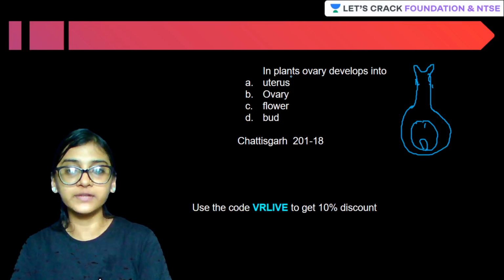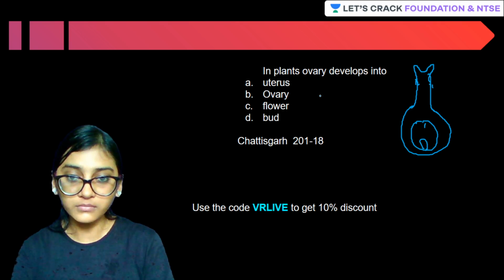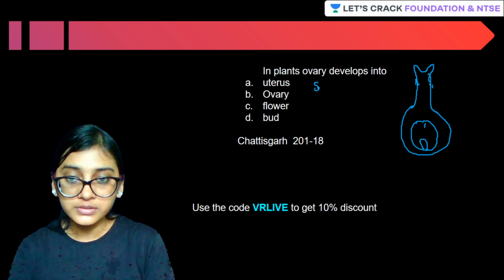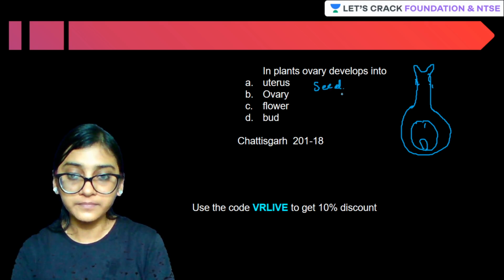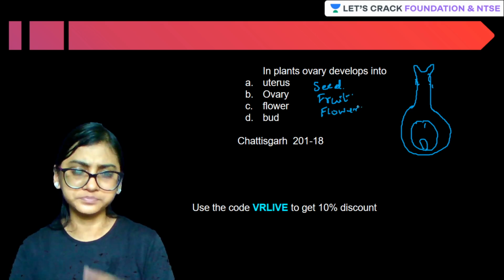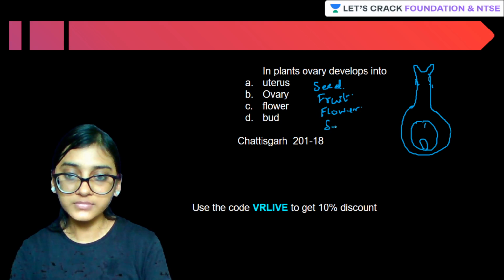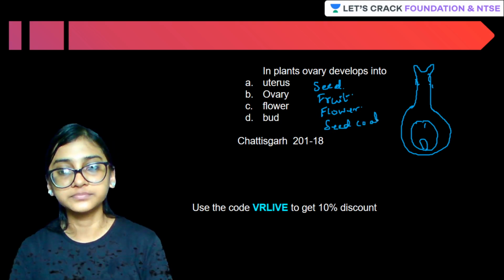In plants, the ovary will be developing into seed, fruit, flower, seed coat.